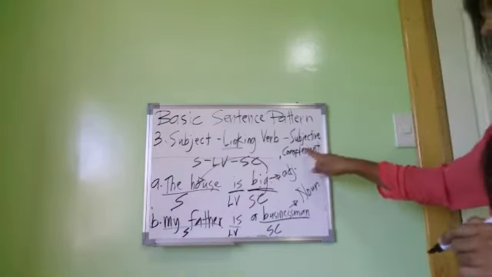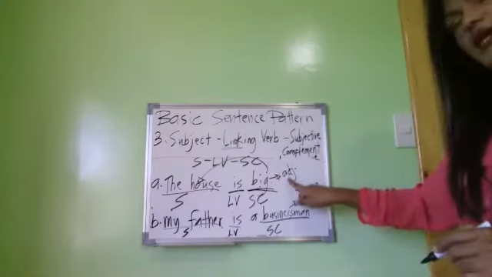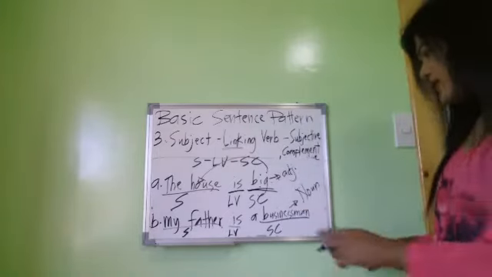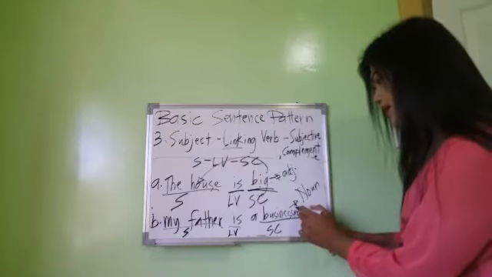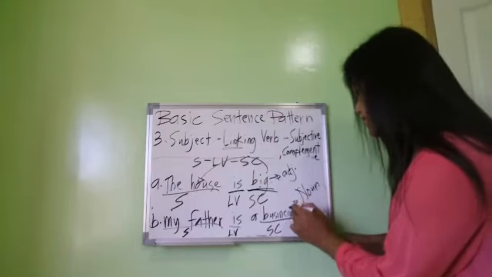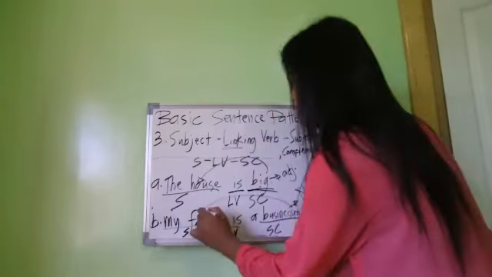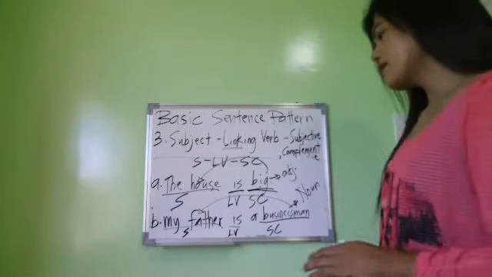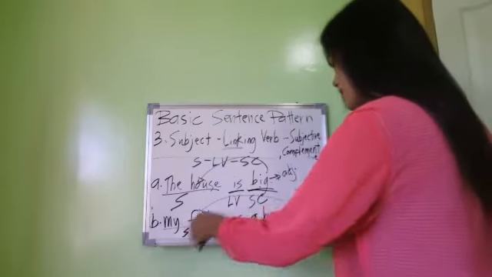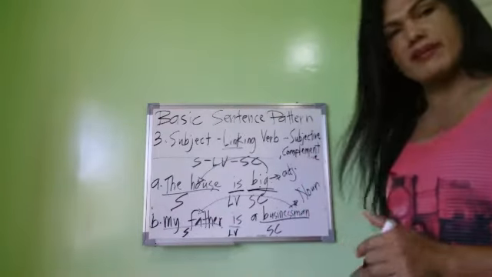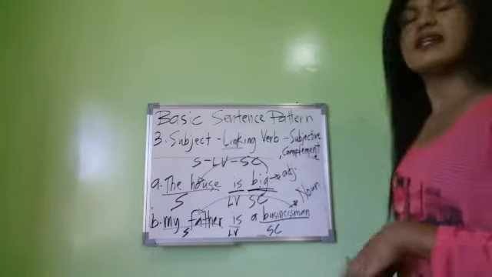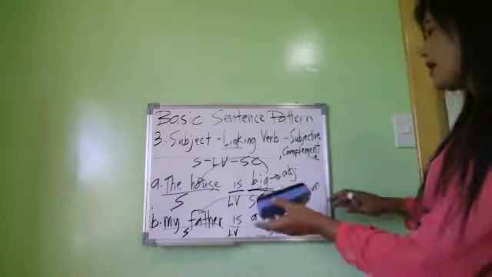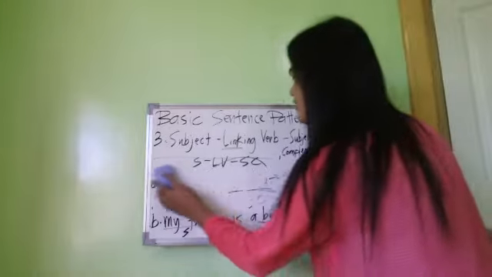Remember, the subjective complement is a noun or an adjective, right? Okay, so this is a noun. Who is a businessman? This businessman here is describing your father. Okay, so linking verb, it's just connecting the subject and the subjective complement. Something like that.